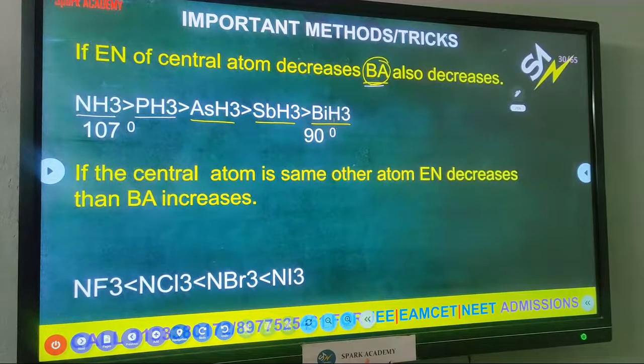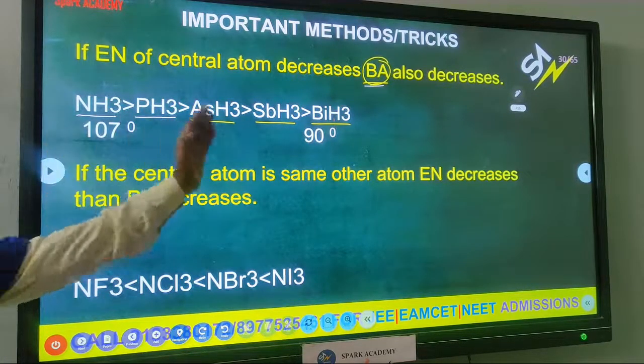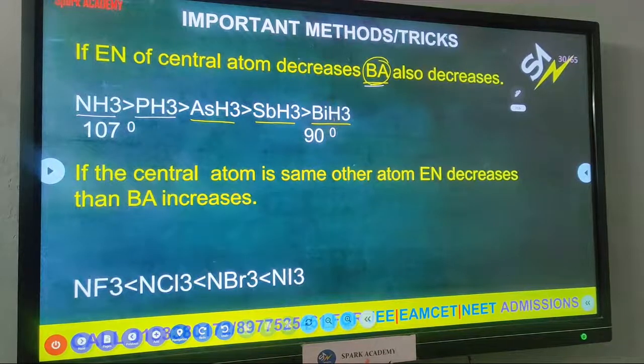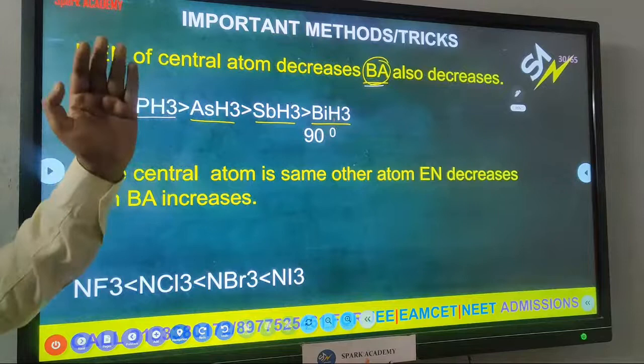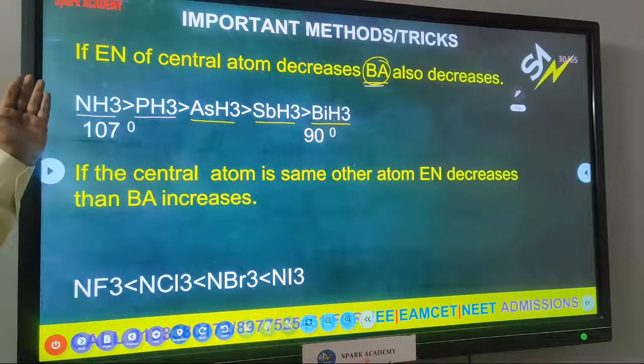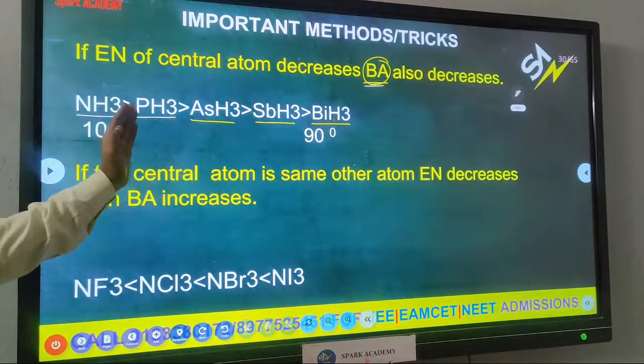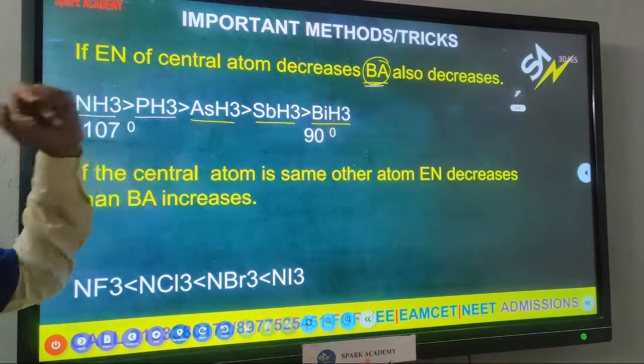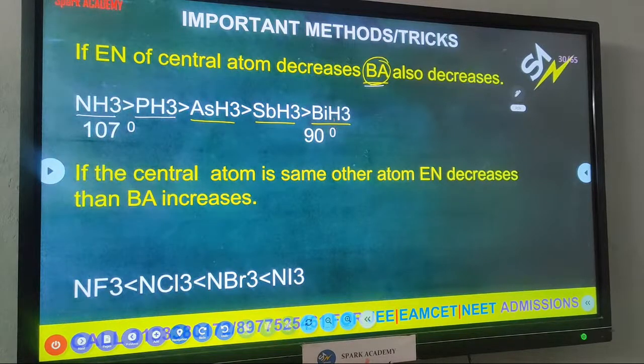Now we have to check the electronegativity of the central atom. From nitrogen to bismuth, does electronegativity increase or decrease? It decreases, because nitrogen is the most electronegative element. So if the electronegativity of the central atom decreases, the bond angle also decreases.